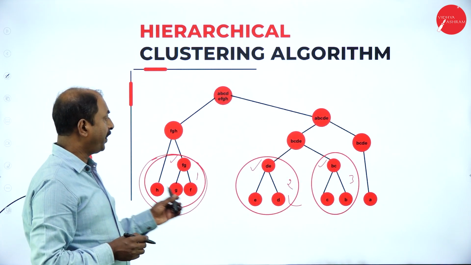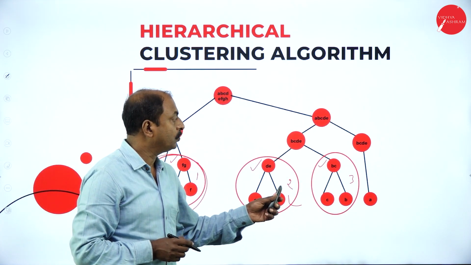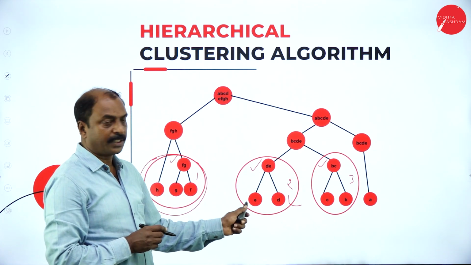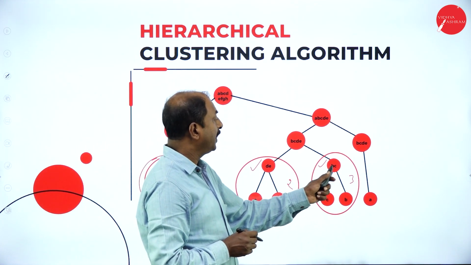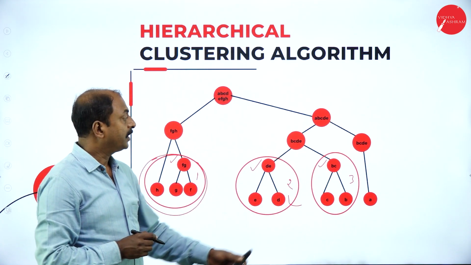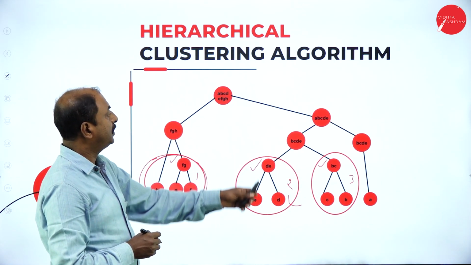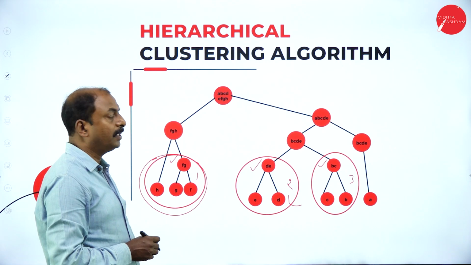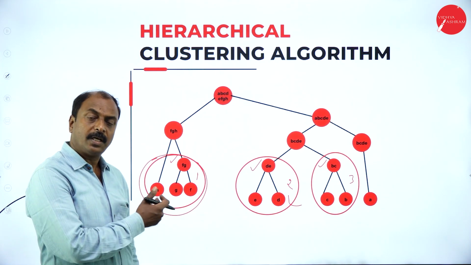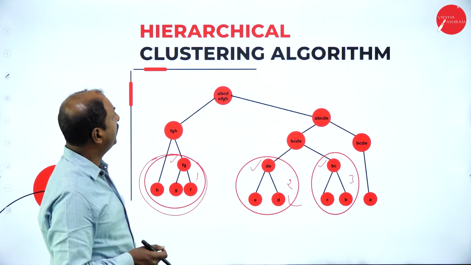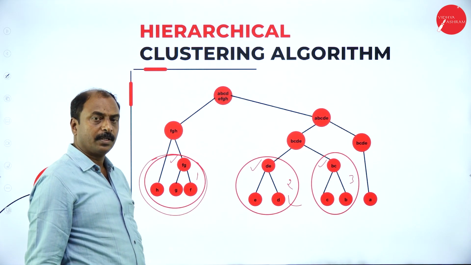Any traffic or data packet that has to go outside the cluster has to go through the gateway router of its individual cluster. So this forms a hierarchical architecture. This is the hierarchical clustering algorithm.